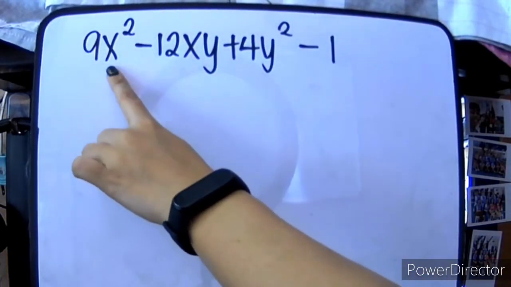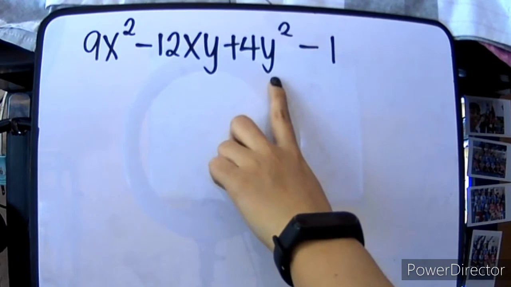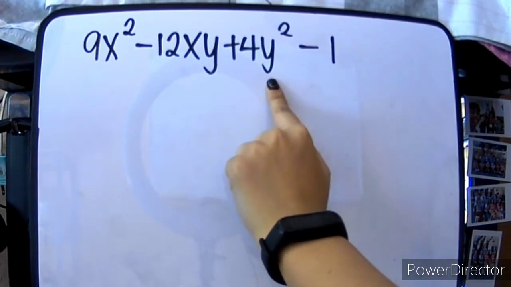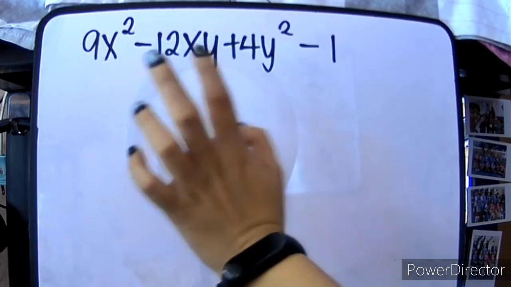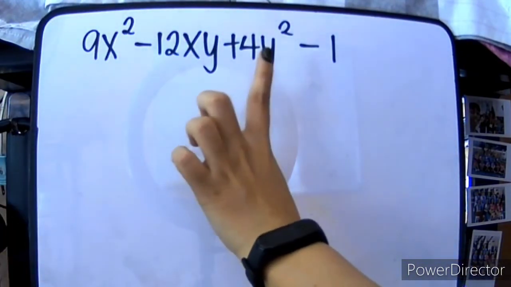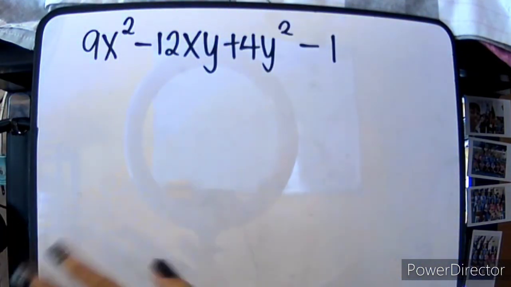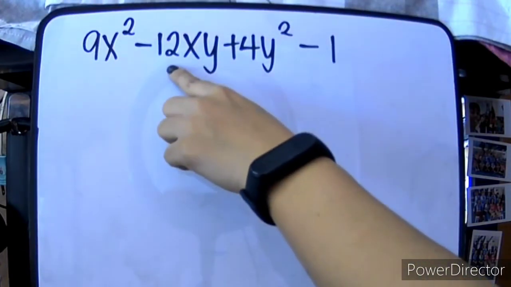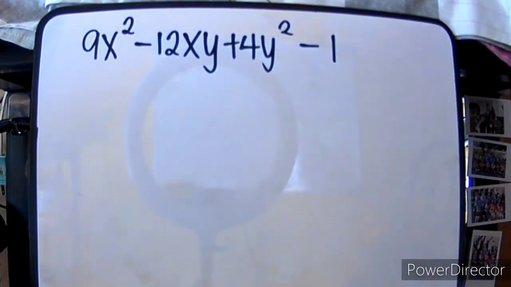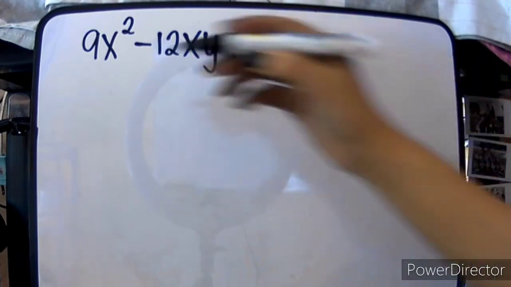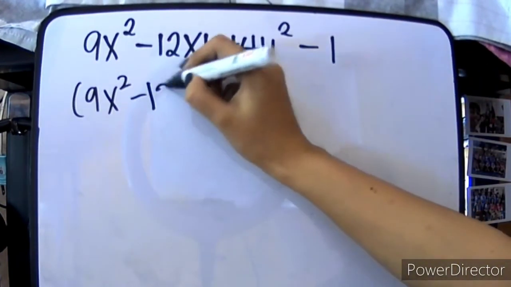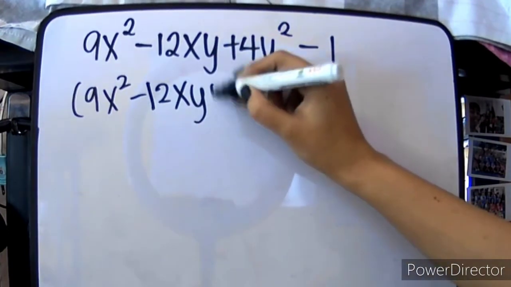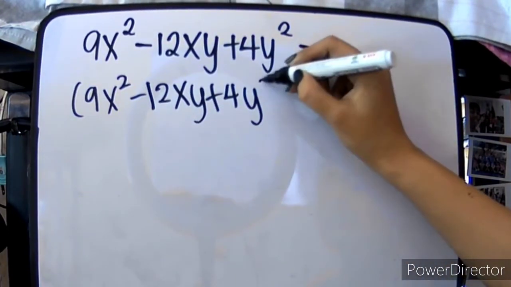Perfect square 'to and ito perfect square. And then let's see the square root of this and this times natin sa 2. So 3x times 2y is 6xy times 2 is 12xy. So this means that this is a perfect square trinomial. So we have 9x squared minus 12xy plus 4y squared.